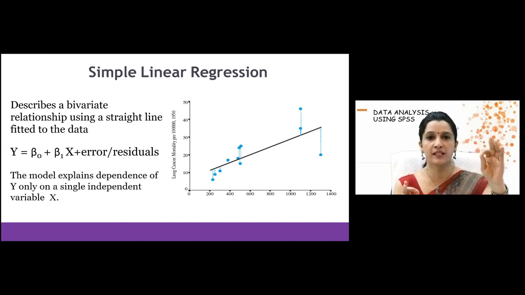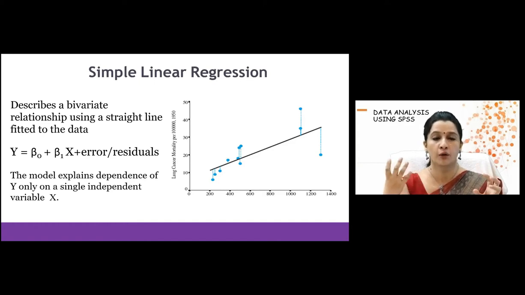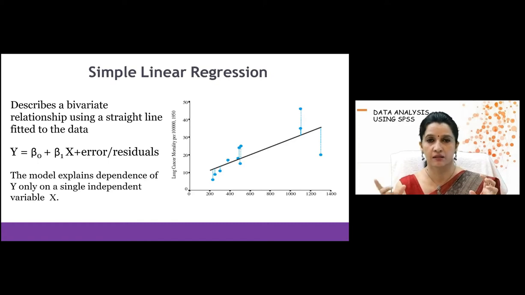Please, by seeing this equation, don't think that it is going to be very heavy for you. Yes, like Neeraj is writing, predictor is x and outcome is y. This is there because we need to make an equation at the last, when we learn the interpretation.